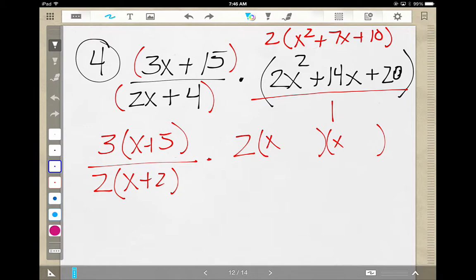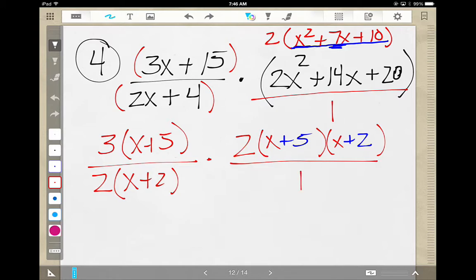I'm just trying to factor this part now, the x squared plus 7x plus 10, with the 2 already brought out in front to make that easier for me. So x times x would give me the x squared, and what I'm seeing is a positive 2 times a positive 5 would give me 10, but also add up to 7 in the middle. So this would be my completely factored form of that numerator.